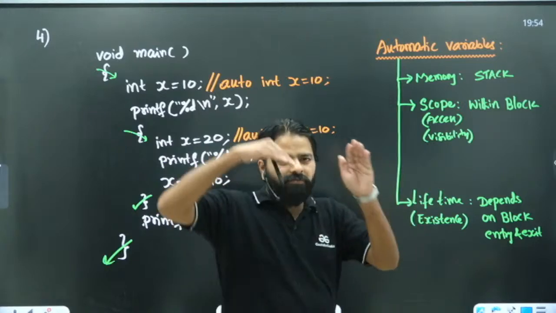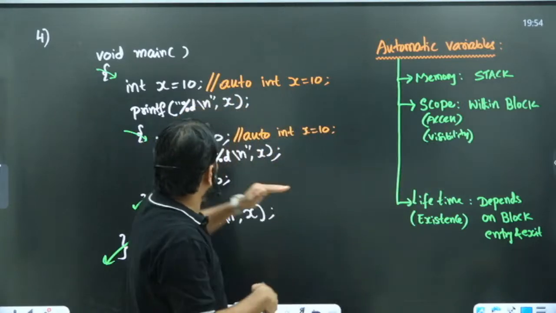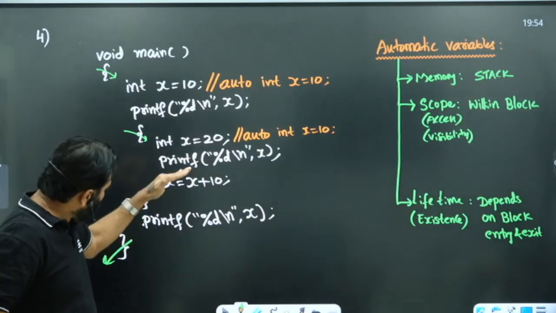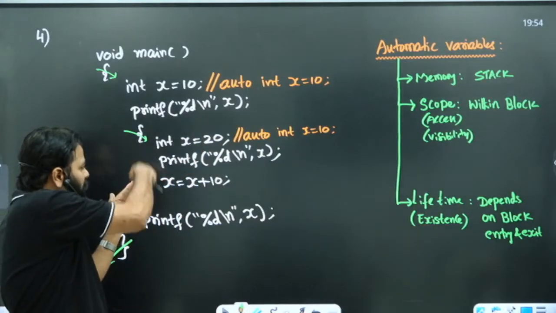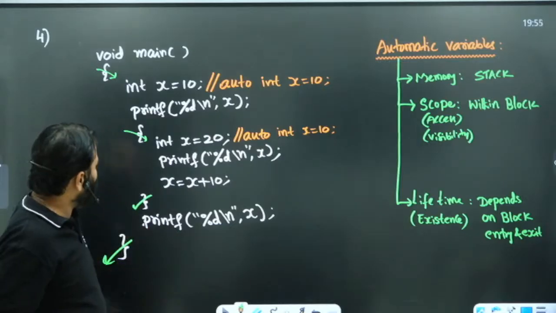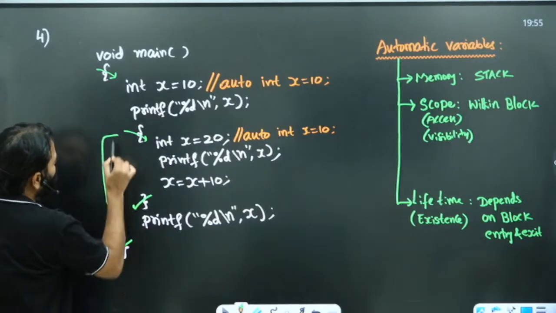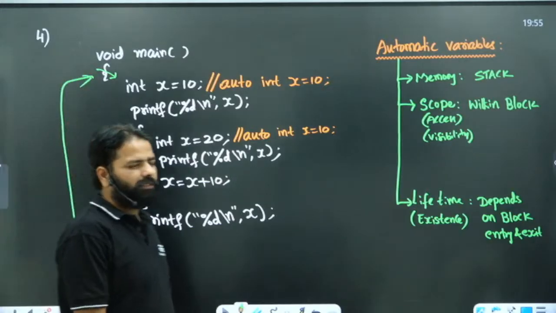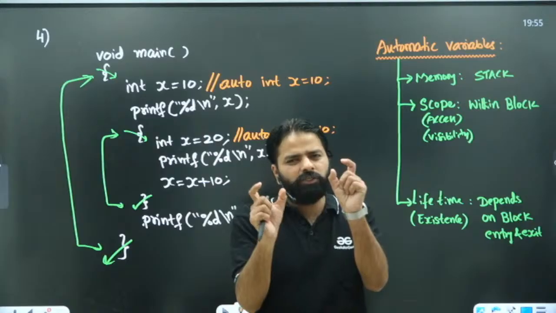Remember that when it enters the block, the memory for X is created and 20 will be assigned. When you go out of the block, I am talking about only this block, not any other block, right? There are two blocks here. This is one block and this is another block. So blocks always have brackets to begin and end.